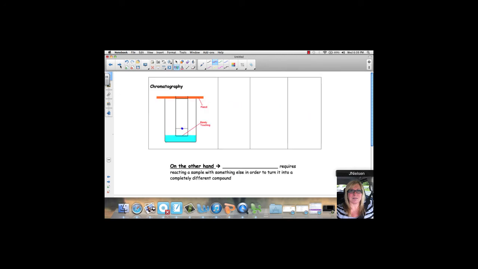Okay, let's go through the last one. Chromatography. You should have done this in living environment. This is also physical, and it separates based on size, molecule size, and solubility. And it separates the pigments or the components of a mixture based on molecule size.